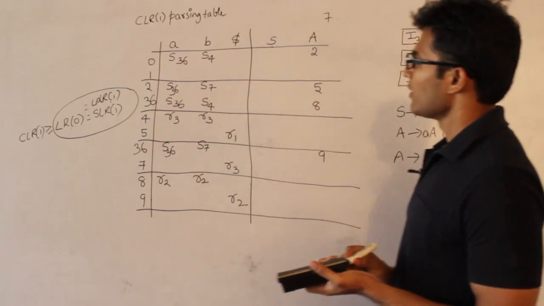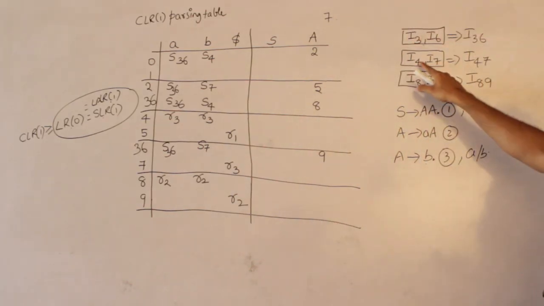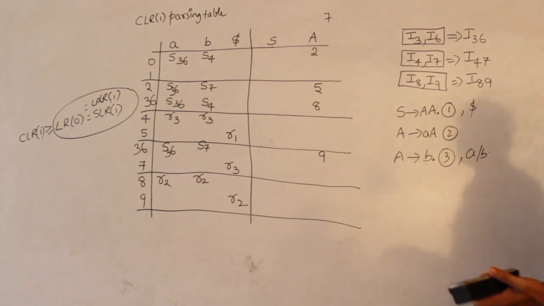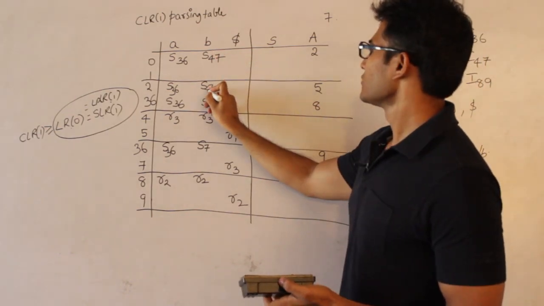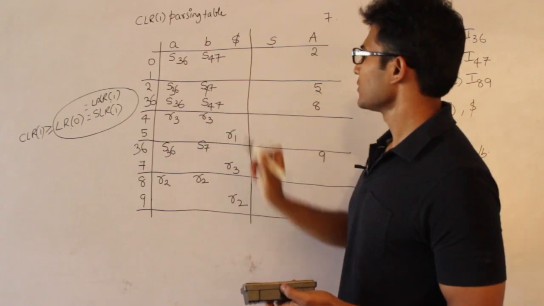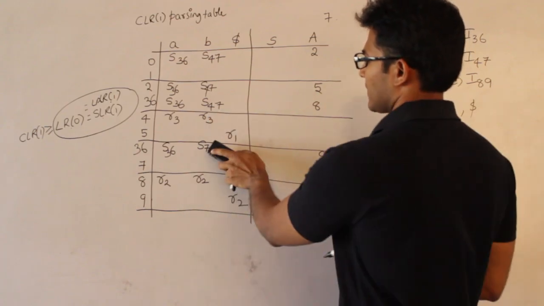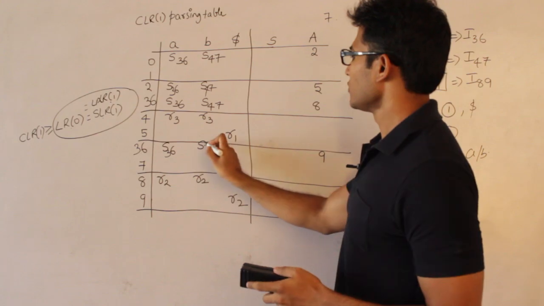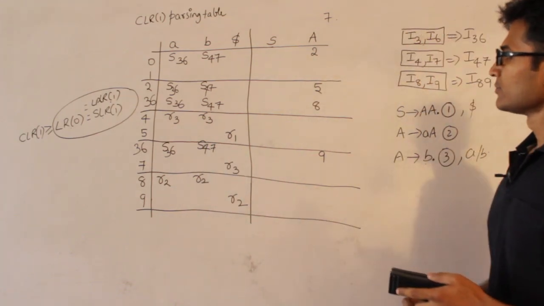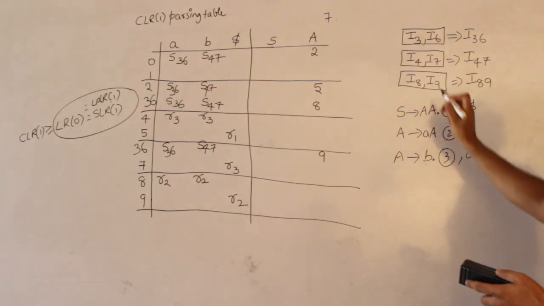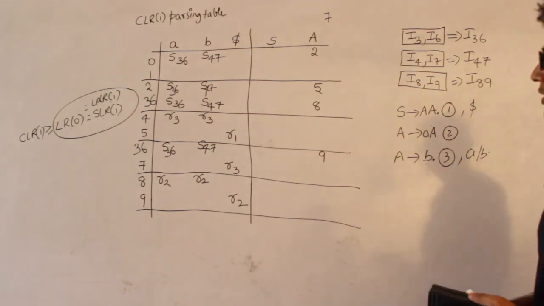Now wherever there is 4 or 7, I am going to write it as 4, 7. So here there is 4, 7, and here there is 4, 7, and again this is also going to be 4, 7. And wherever there is 8 or 9, I am going to write it as 8, 9.